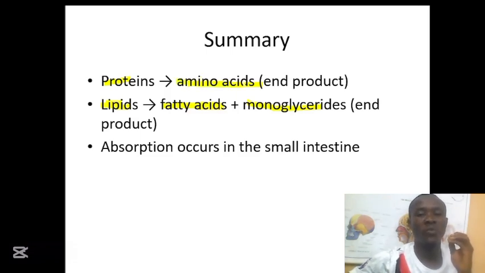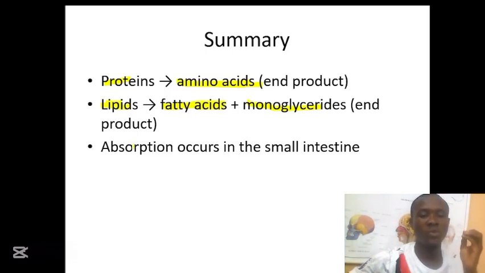When they talk about monomer, the mono means one. But in here, the monomer is talking about the least form to which protein is broken down. Therefore, the answer will be amino acid. And for lipid, the answer will be fatty acids and monoglyceride.